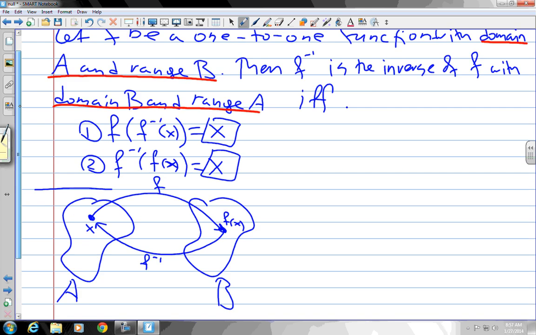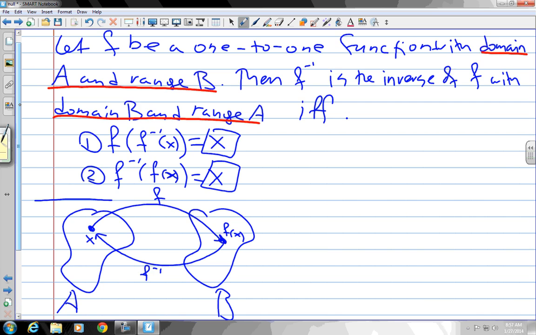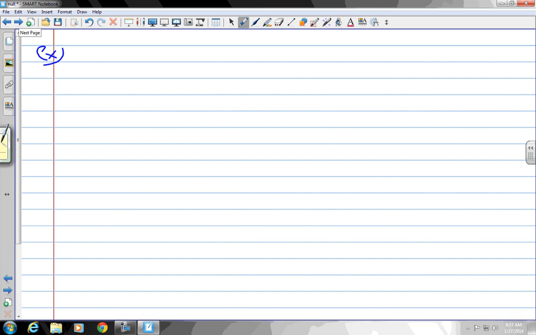So let's do an example. I'm going to give you a function, 2x plus 1. Very nice, friendly function. So what does this function do? It's a line, but be more specific.